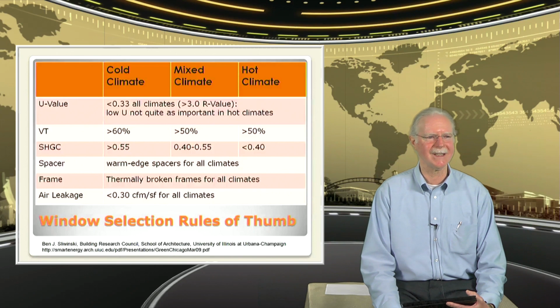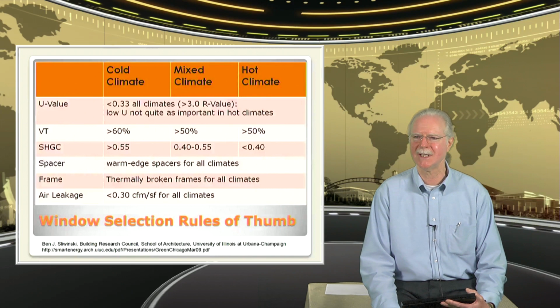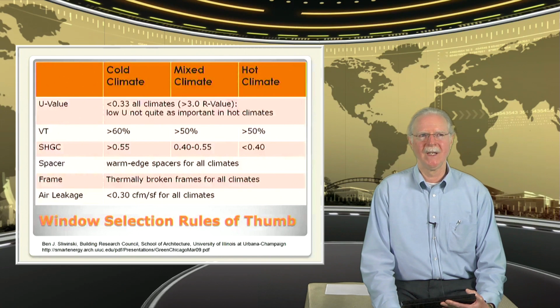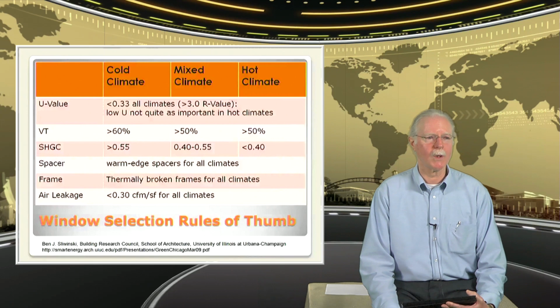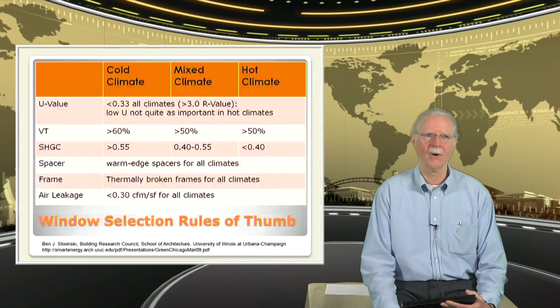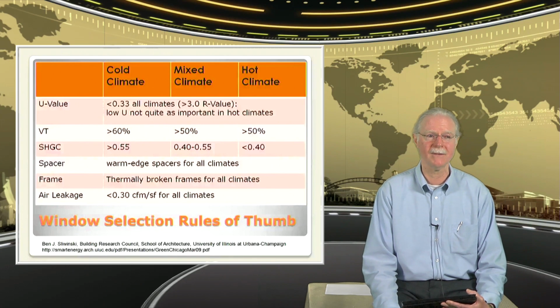Obviously, this is a really generalized layout. It doesn't tell you all of the intricacies. Does the window face south? Does the window face north? On a broad basis, if we're looking at a cold climate, typically we're looking at windows that have higher rather than lower R values, or alternately lower rather than higher U values, because we're interested in really preventing the amount of conductive heat exchange through the glass.